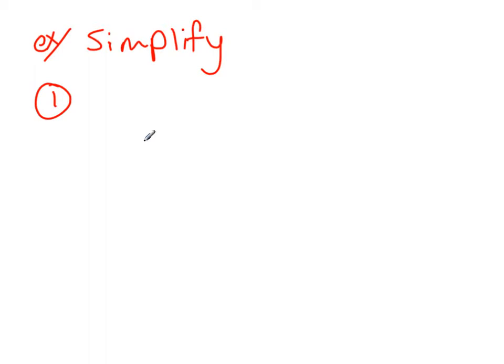So our first one is: simplify the square root of 3 times the square root of 18. Now, there are many different ways you can tackle this. You could try simplifying each radical separately and then multiply them together, or you can multiply them together and then simplify in one go.